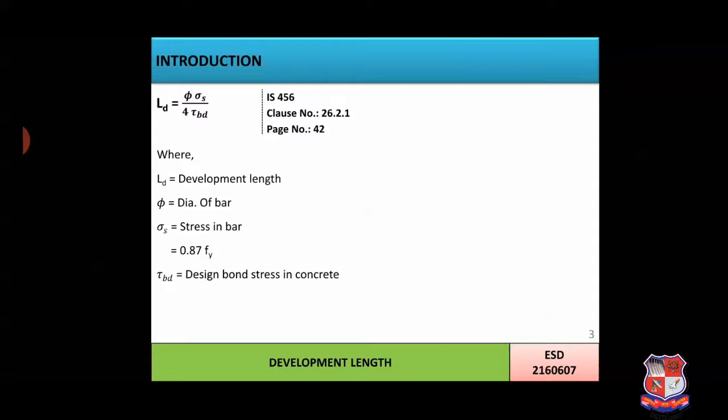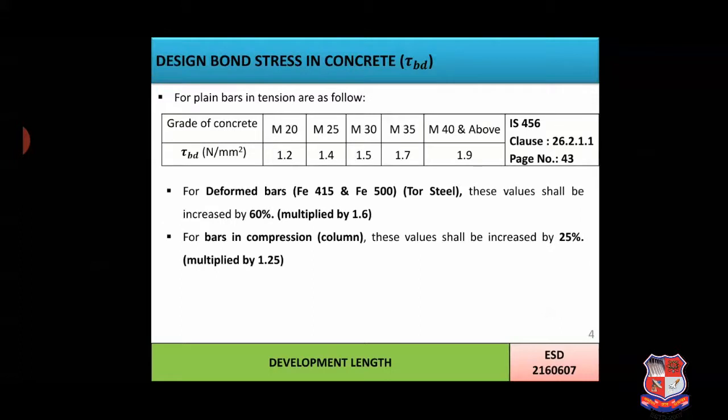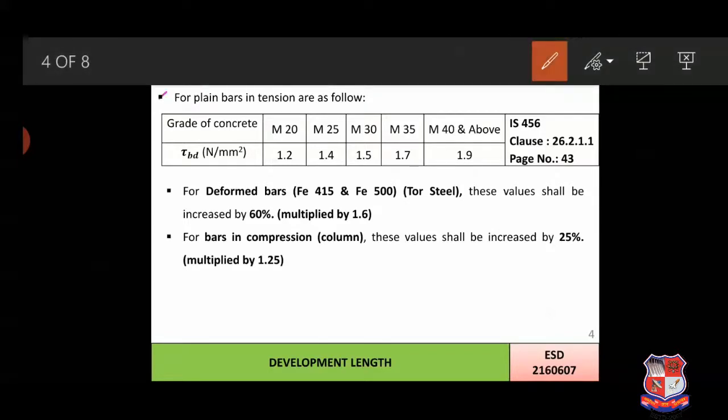Now the value of τbd always varies as per the grade of concrete and at the same time the grade of steel also. Over here a table is given in the IS code for the plain bar in tension. For the plain bar in tension the value of τbd is given as per the table.